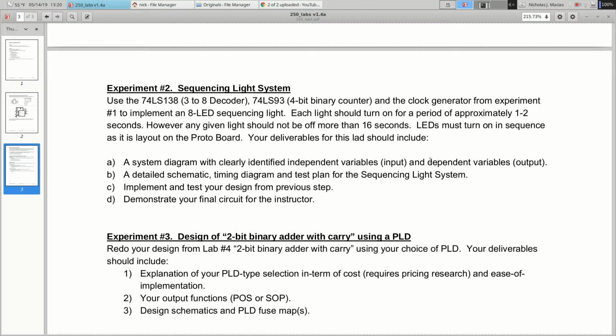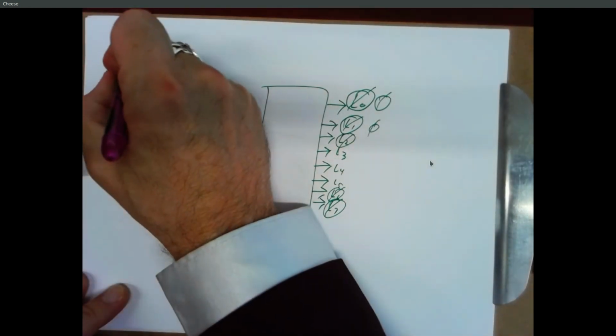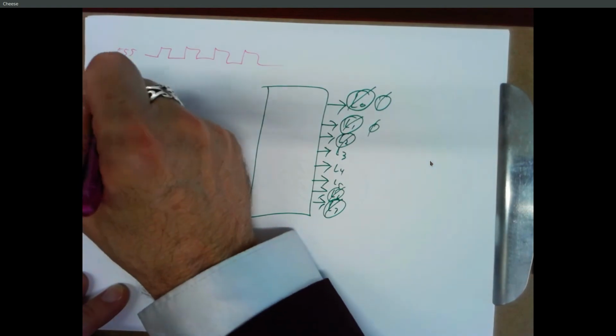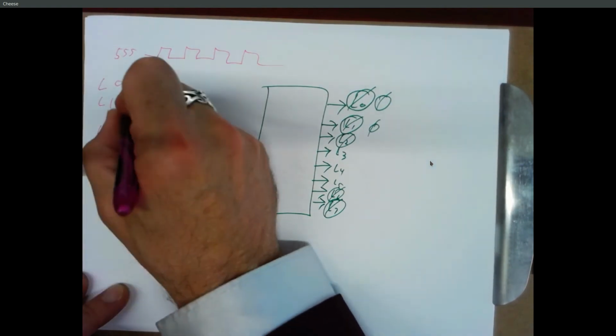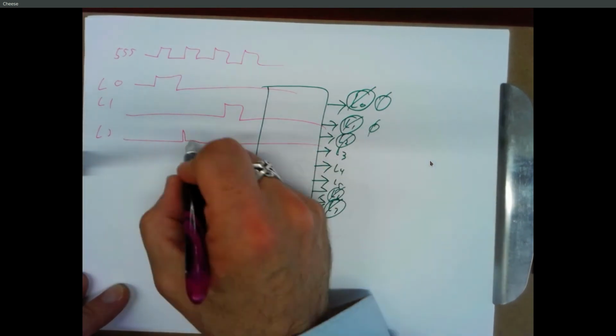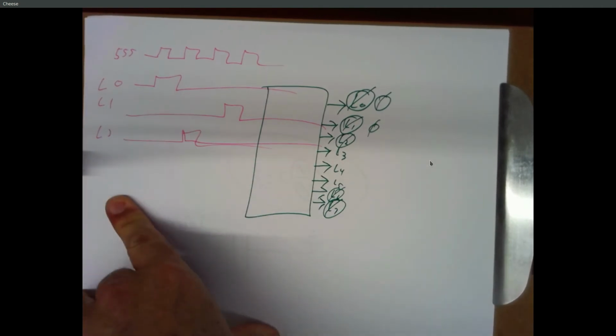Okay, so you should have a diagram that shows the output of the 555 and then L0, L1, L2, what those are going to do, right? This is going to be a big diagram because you're going to have at least these 8 outputs, and I'm going to suggest some other outputs to put in there also.